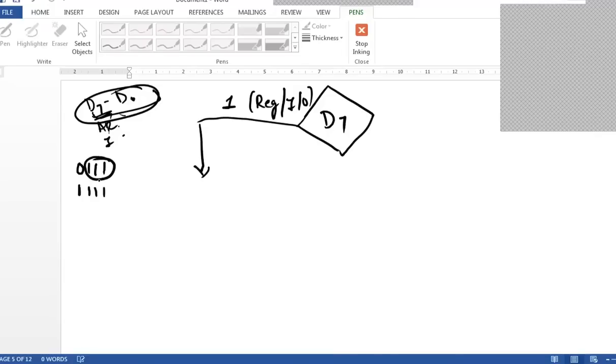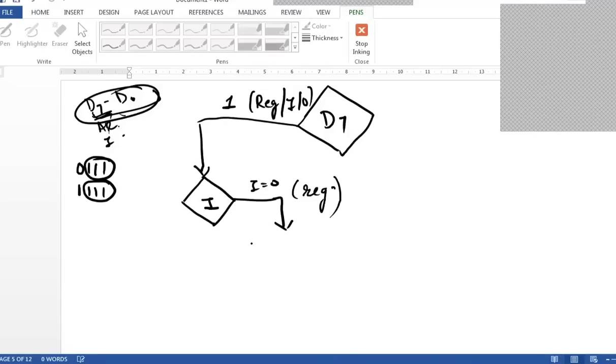Input output instruction में भी D7 1 है. Okay, so now after that what will I check? कि ये कौन सी है? Yes, I need to check my I. If I is 0, तो क्या? It would be a register reference instruction. See, if I is 0, what will we do?